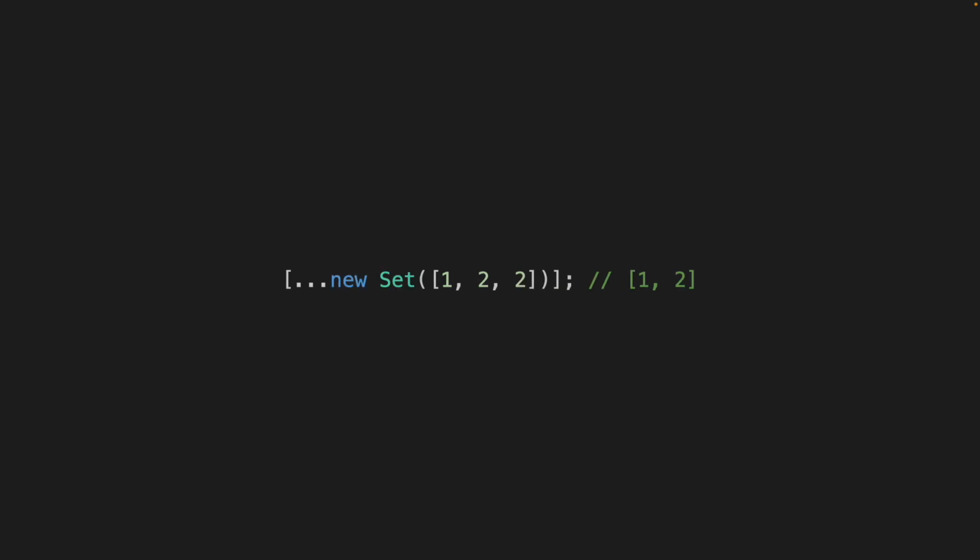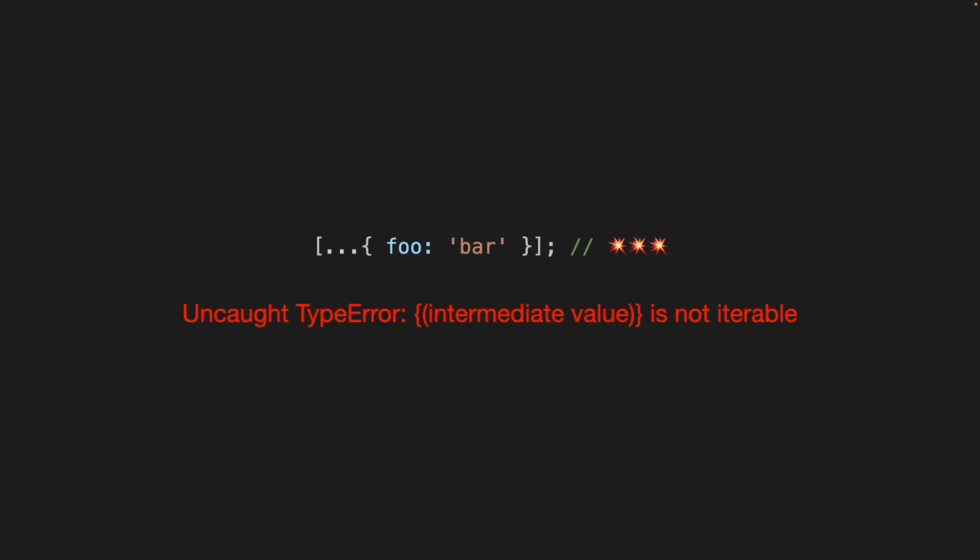So yeah, of course you can iterate over arrays. But you can also iterate over sets, which is a very cool data type. And you can also iterate over maps, and it will give you the entries of the map, which is very useful in some cases. But it's very important: by default, you cannot iterate over objects. If you try to do this, you will get an error which tells you that it can't iterate over this intermediate value.